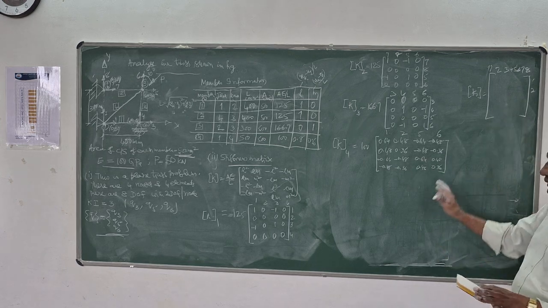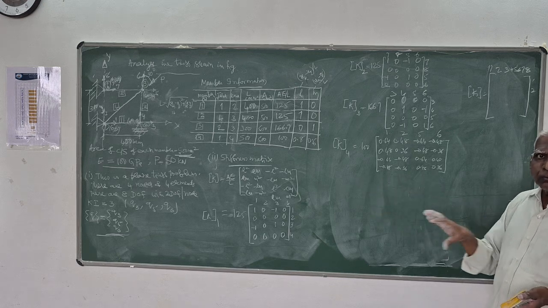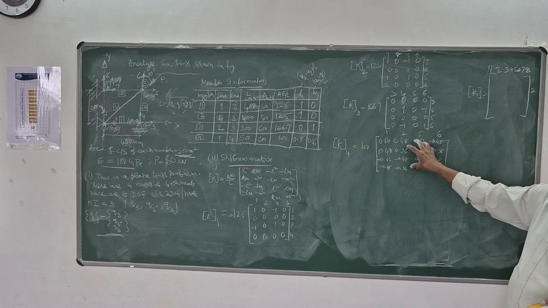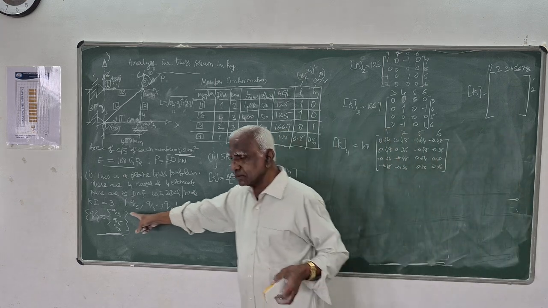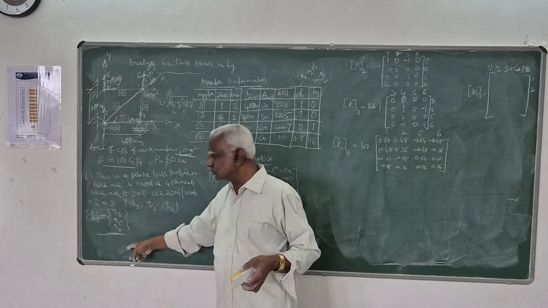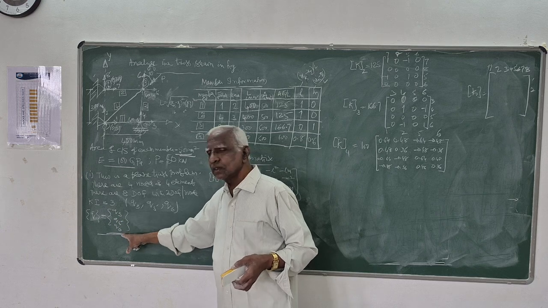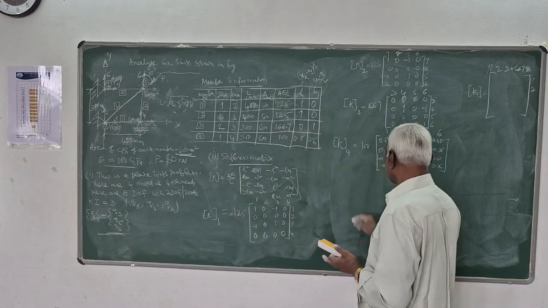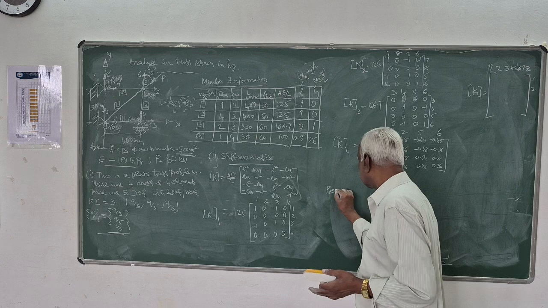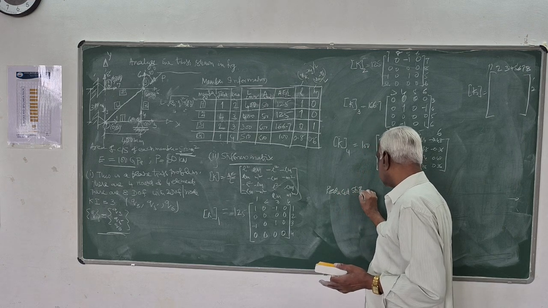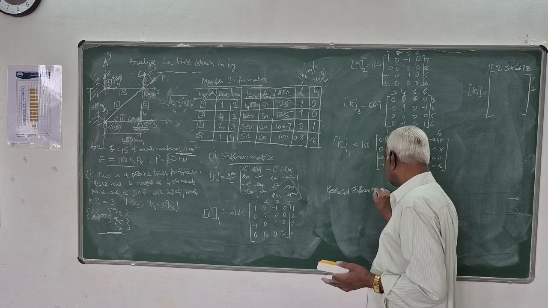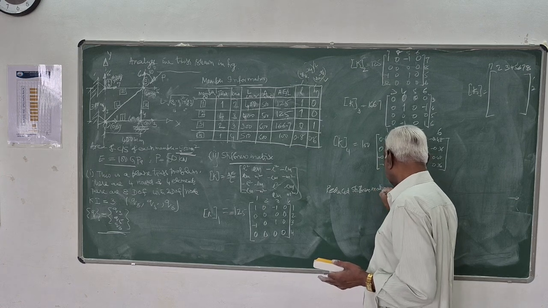Then after assembling it, you have to take out only the elements of the stiffness matrix which are required for the determination of these unknowns. That is corresponding to 3, 5, 6 only. That is called the reduced stiffness matrix.